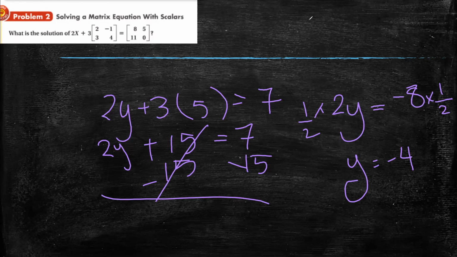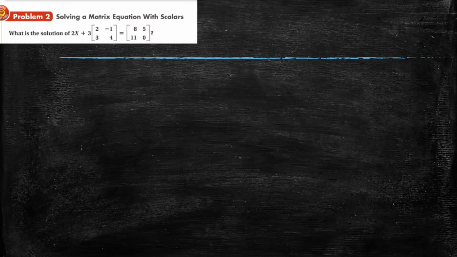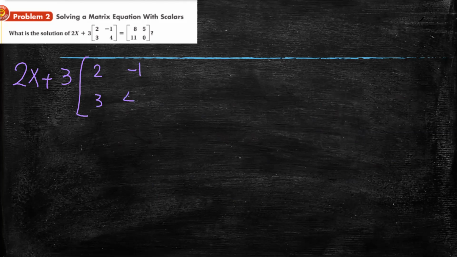This is how you can solve any equation, and the equation can also be in matrix form. In this problem, we will see how to solve a matrix equation with a scalar, like this example: 2x plus 3 times this matrix equals the matrix 8, 5, 11, 0.